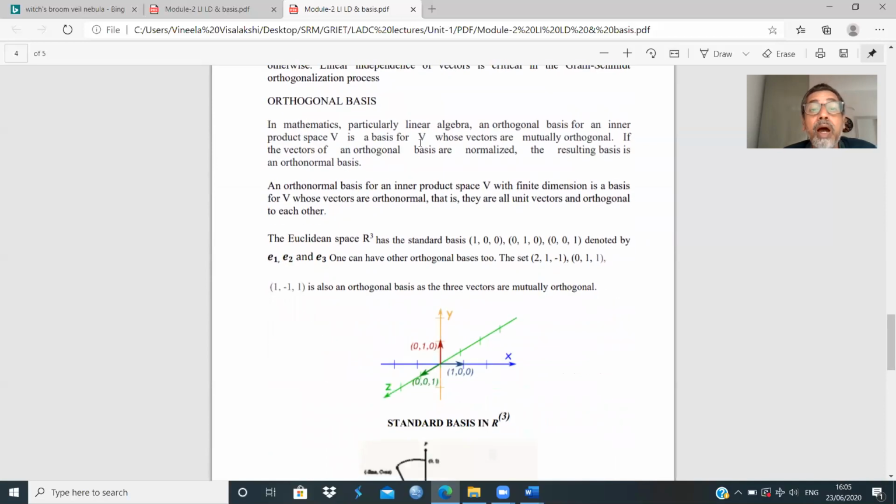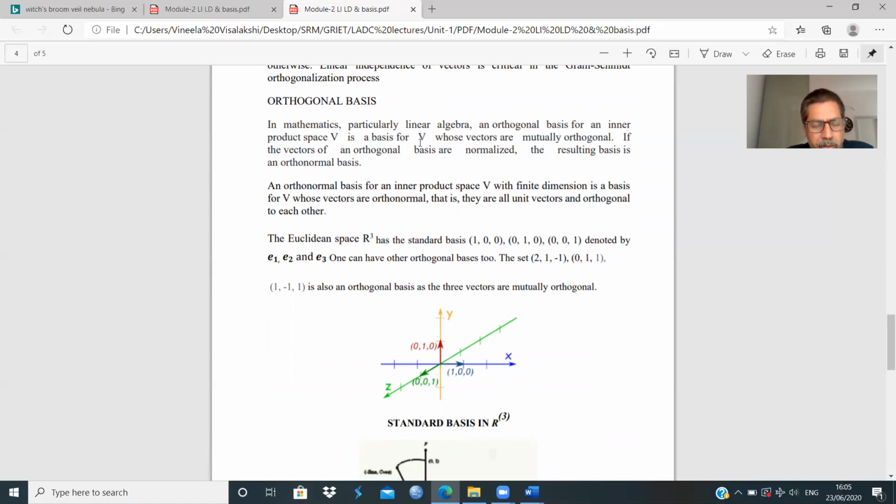Now, among all the bases, an orthogonal basis has very valuable features, because if you can have a basis but you cannot use it for an application, then such a basis may not be of any value.